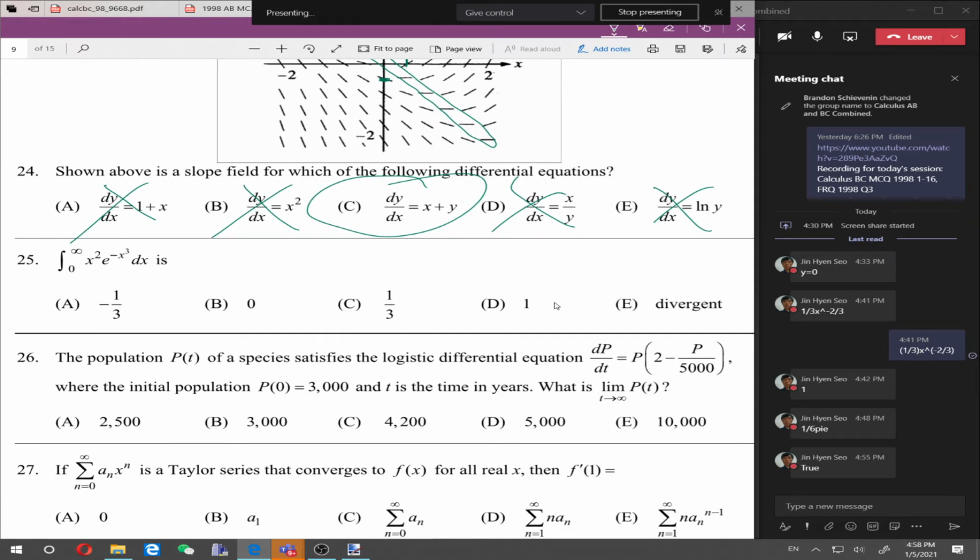Okay, we've got an improper integral. That just means we're integrating to infinity. I'm going to start with Jin on this one.